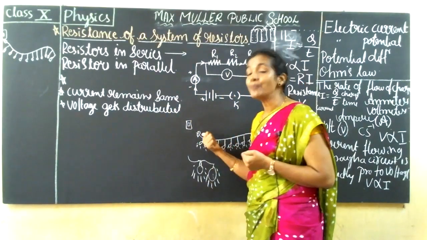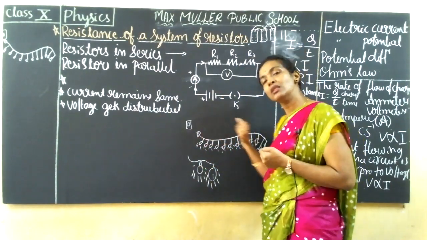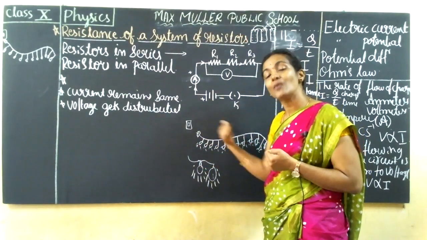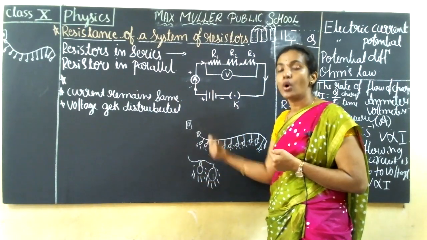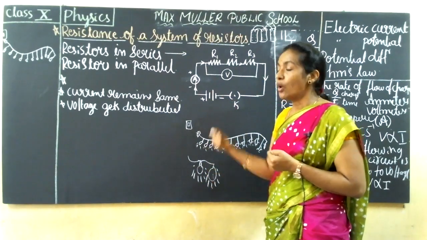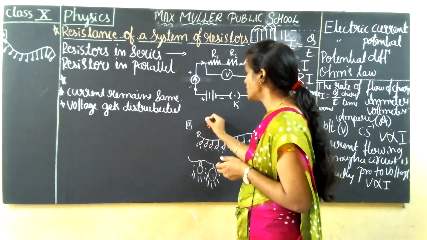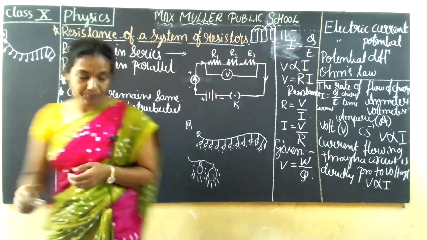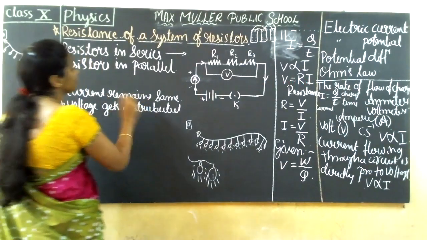Here also it is the same thing, guys. Current is flowing for all the bulbs, throughout the circuit, throughout the wire. The only difference here is voltage. Voltage gets distributed. So current remains the same, which means what?